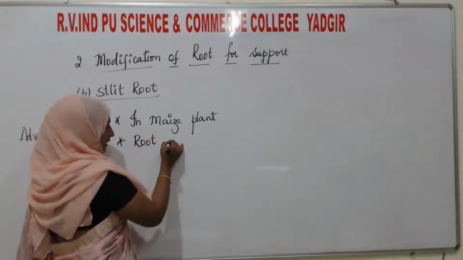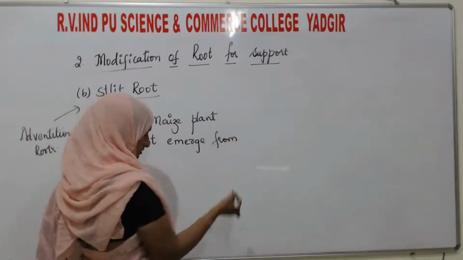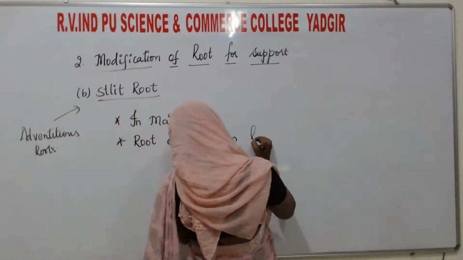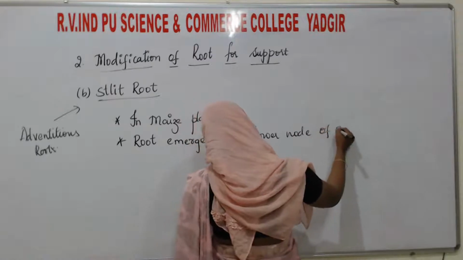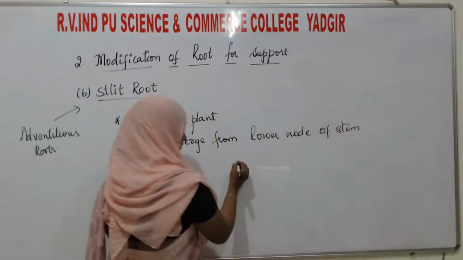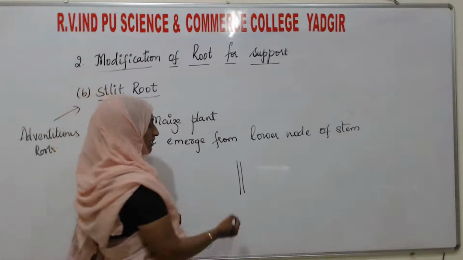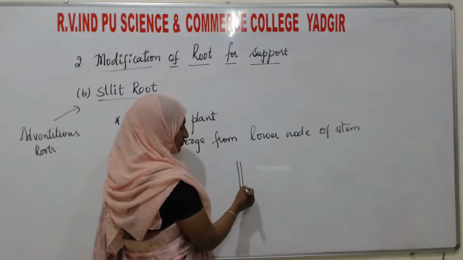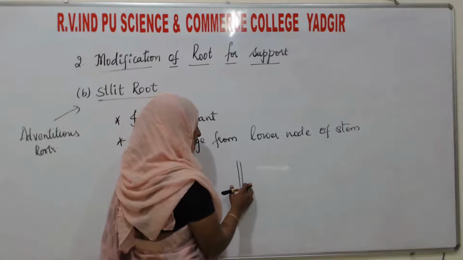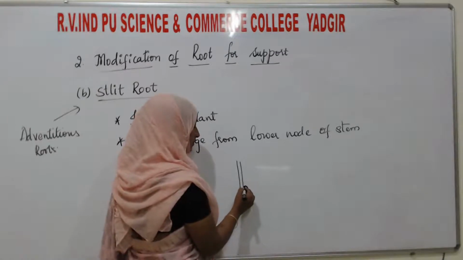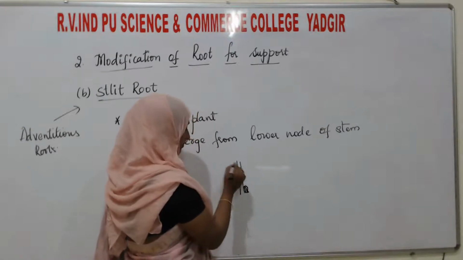Roots emerge from the lower nodes of the stem. How? This is the stem. A node is a point or region from where the branches or leaves arise. But here, from these nodes, the roots emerge, only from the lower nodes, not the upper nodes.